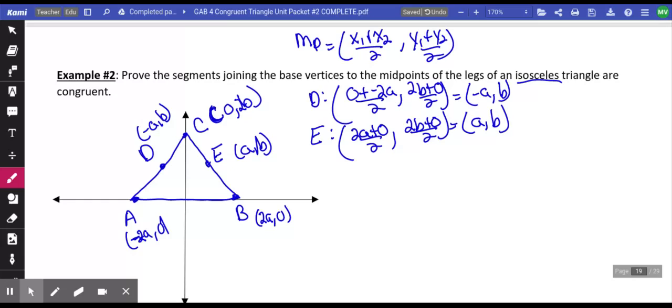That means I want to show that AE is congruent to DB. So the question is, is AE congruent to DB? Well, the only way I can show congruence is the distance formula. So I want you to pause and find the distance of AE and the distance of DB.